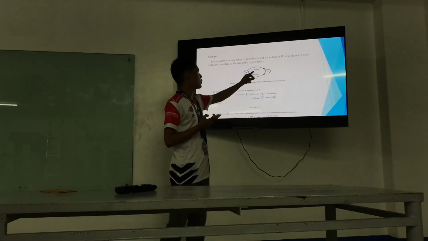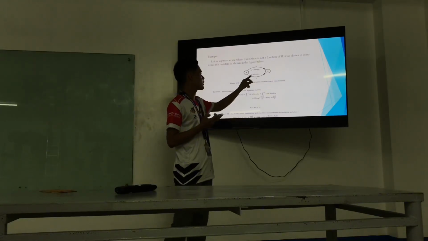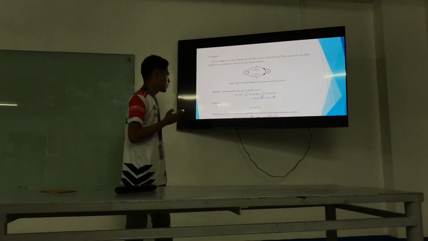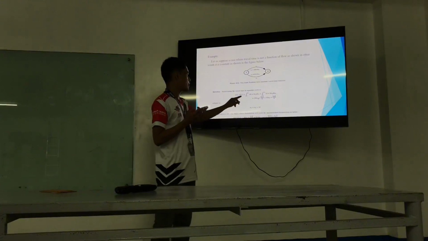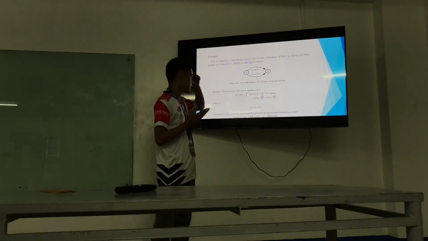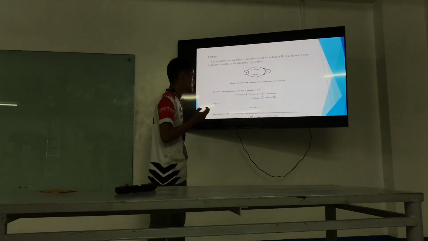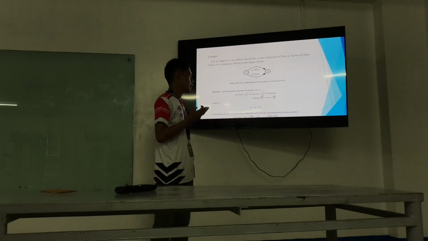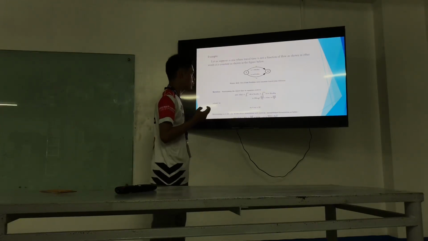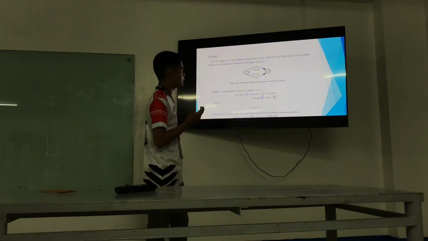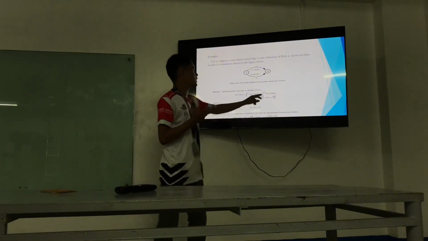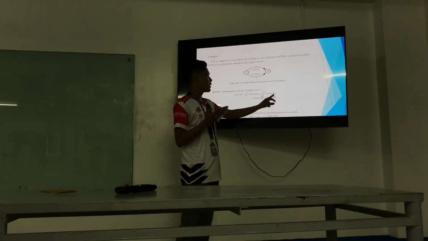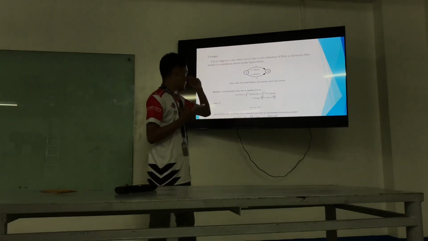T sub 1 is equal to 10 plus 3 x sub 1. Then T sub 2 is equal to 15 plus 2 x sub 2. So minimize Z is equal to the integral from 0 to x sub 1 of (10 plus 3 x sub 1) d x sub 1, plus the integral from 0 to x sub 2 of (15 plus 2 x sub 2) d x sub 2.